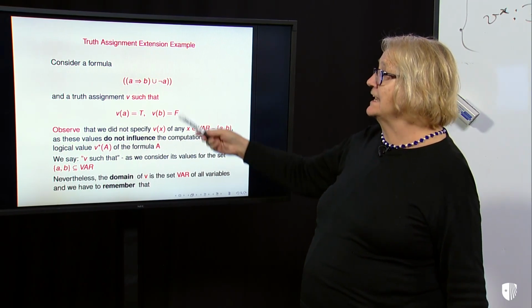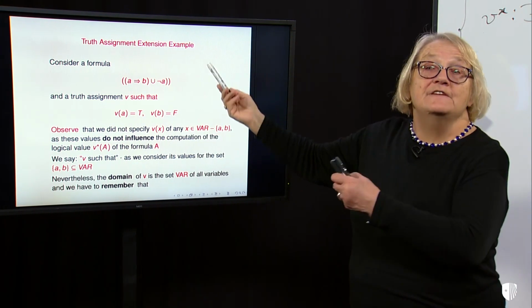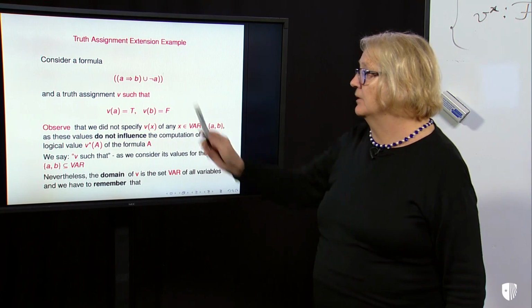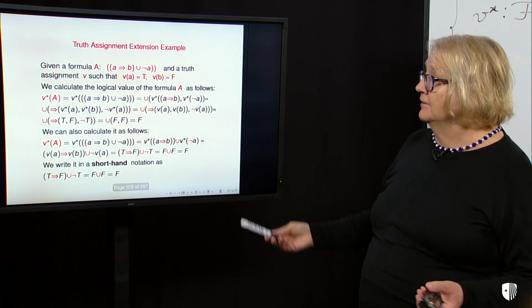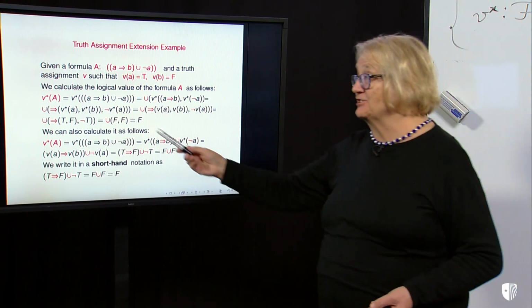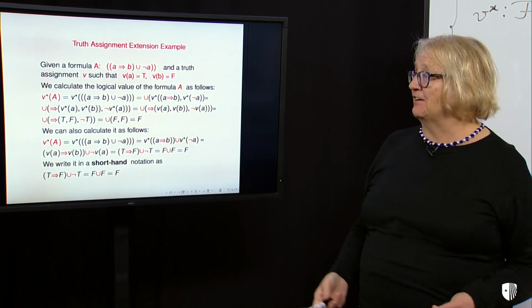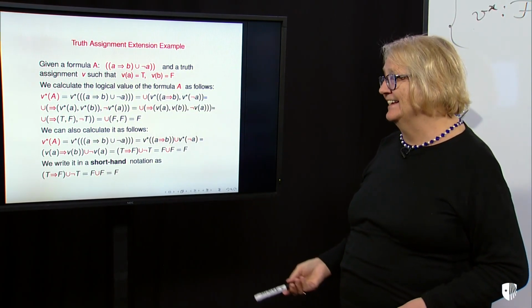So I say, consider truth assignments such that there are infinitely many of them, but I am interested only in what's happening on A and B. Then for V star, you do a recursive definition, all in red.